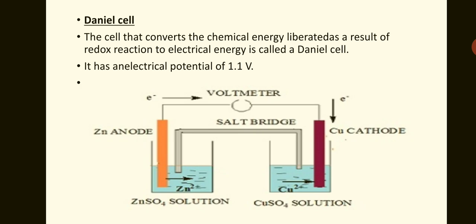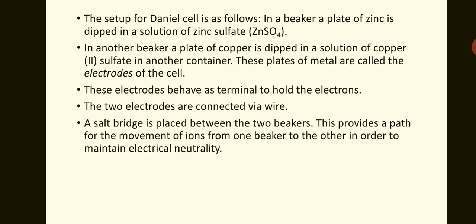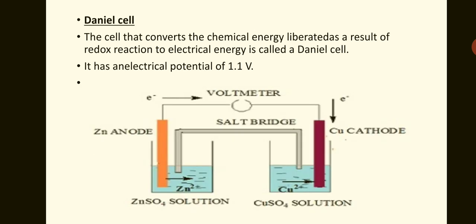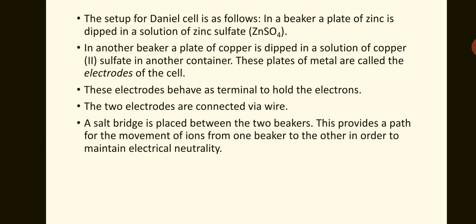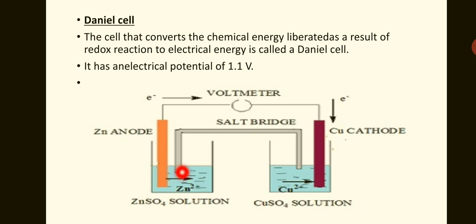You can see the setup of the Daniell cell. The setup is as follows. In a beaker, zinc sulfate solution is taken, in which a zinc anode is dipped.